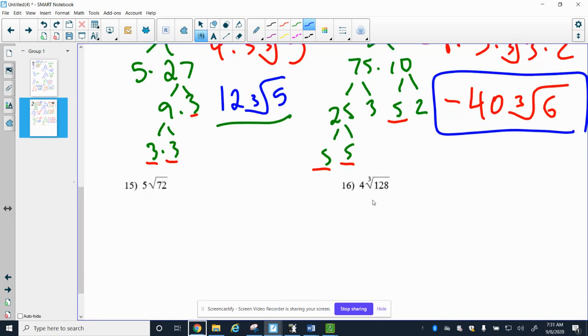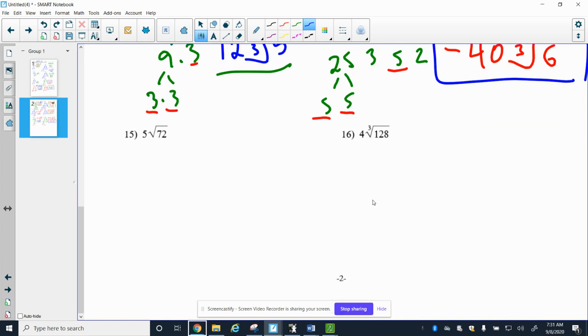All right. Why don't you guys try to do these last two? You can check your answers. So let's see how we did. 9 times 8. 3 times 3. 4 times 2. 2 times 2. Look for pairs because it's a square root.